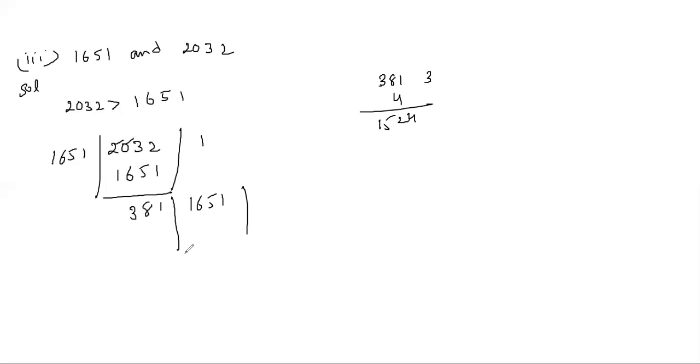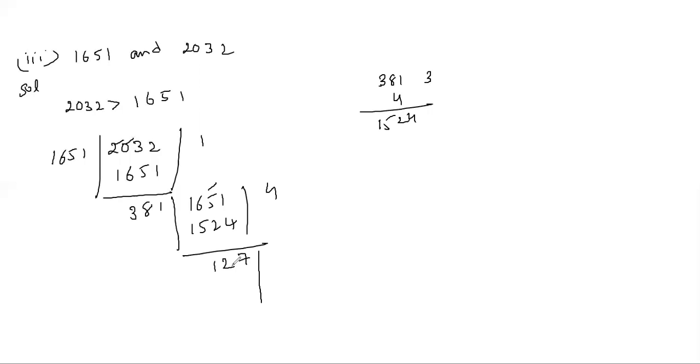So 1524 is nearest, okay? 381 times 4 is 1524. So now take carry 11. 11 minus 4, 7. 4 minus 2, 2. Next 6 minus 5, 1.